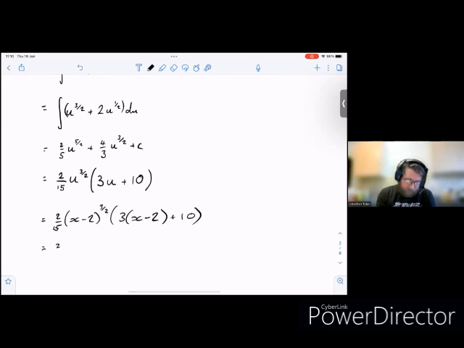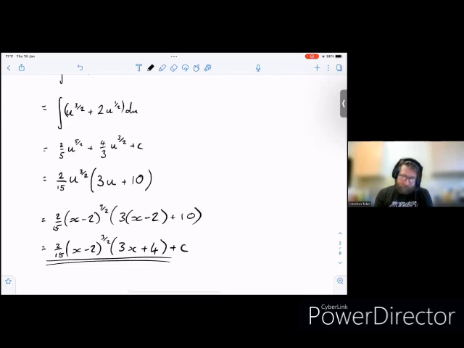Simplify this further, we get 2/15, x minus 2 to the 3/2 times 3x minus 6 plus 10, which is 3x plus 4. Oh, plus c.